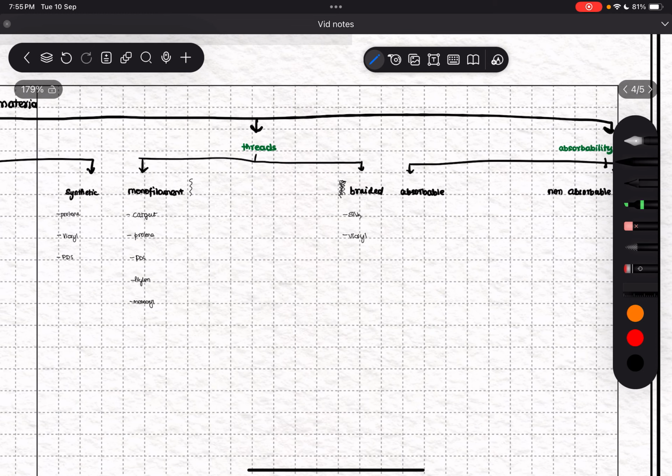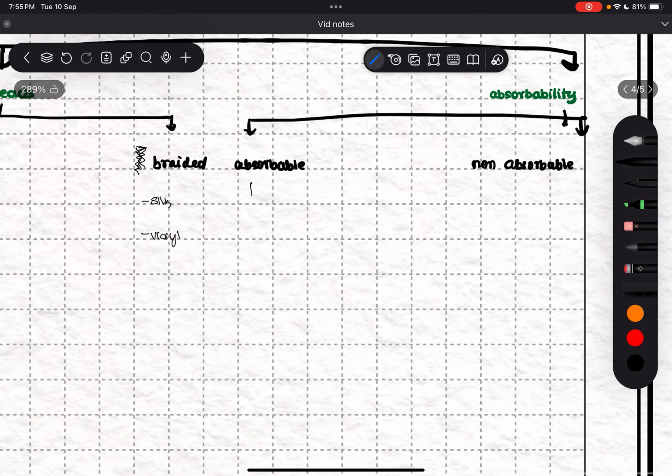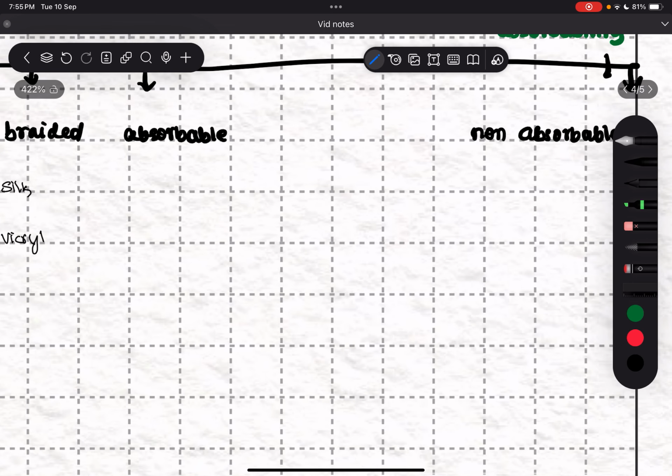In absorbable and non-absorbable, we have another classification which is natural and synthetic. Another classification is natural.